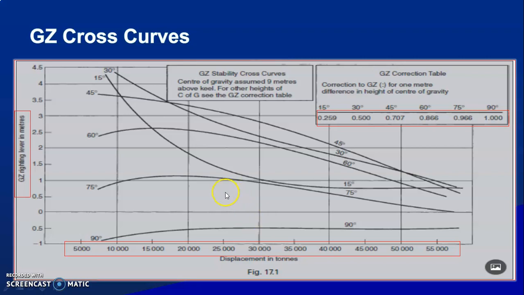And the curves are the GC cross curves for when you heel at certain degrees, divided every 15 degrees. These curves represent the GC curves.